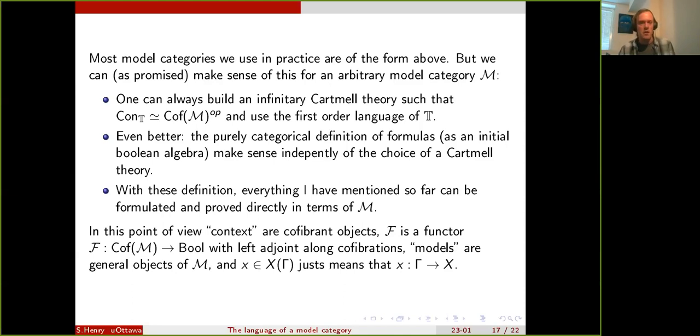So formulas are defined as elements of this initial complete Boolean algebra over the category of cofibrant objects, and you get all those theorems where you have a notion of interpretation of formula and validity of formula, and those are preserved by homotopy and weak equivalences between fibrant objects. But as I said, for most concrete examples, you really have an explicit Cartmel theory given to you, and you can use the syntactical version of formula in the Cartmel theory.